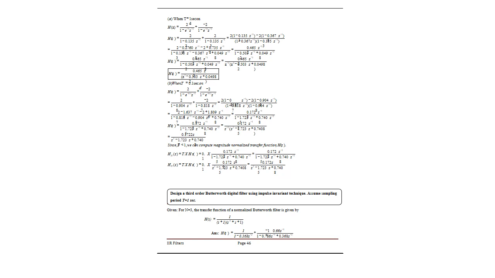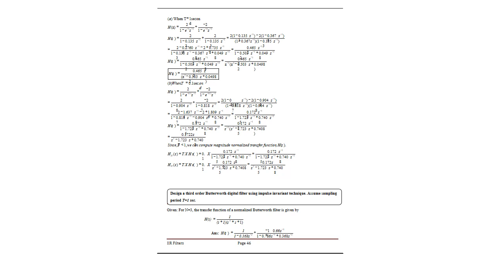After substituting the values, we get H(Z) as 0.465 Z inverse divided by (Z^2 minus 0.503 Z plus 0.0498). When T equal to 0.1 seconds, we substitute the T value and get the answer as 0.1722 Z divided by (Z^2 minus 1.723 Z plus 0.740).